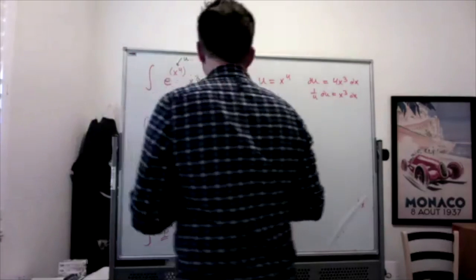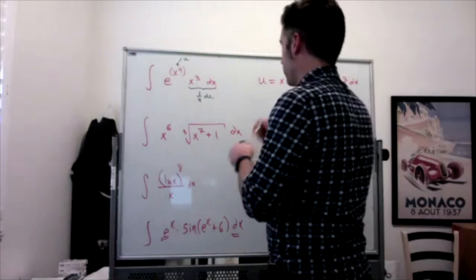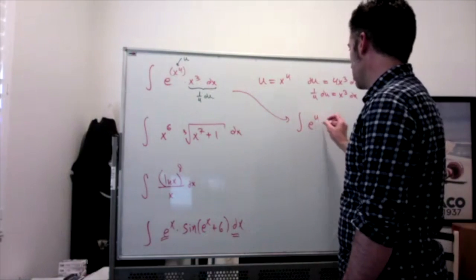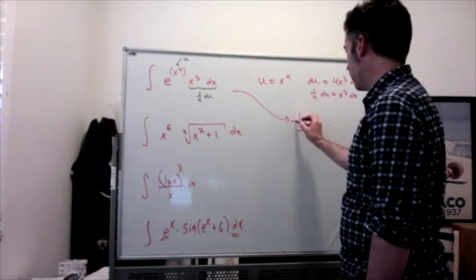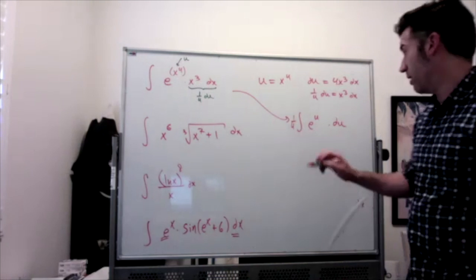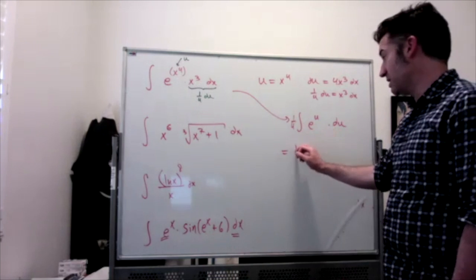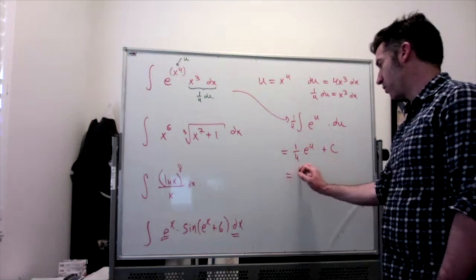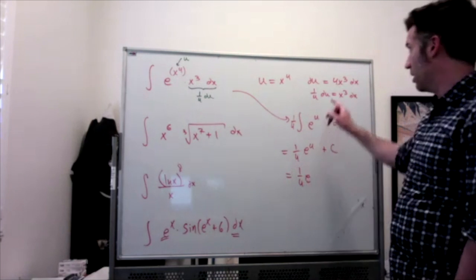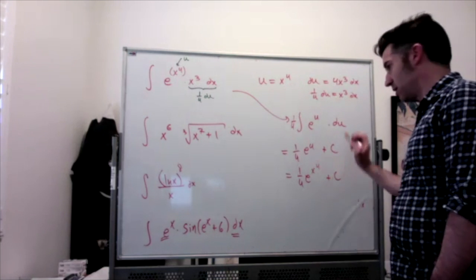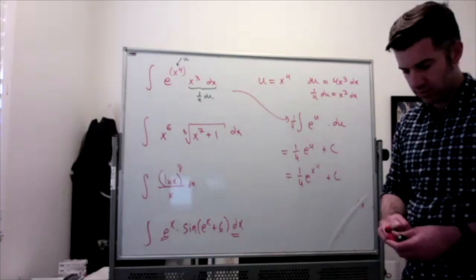So we're going to be integrating e to the u times 1/4 du. And then the integral of e to the u is e to the u. And so we get 1/4 e to the x to the 4th plus c.